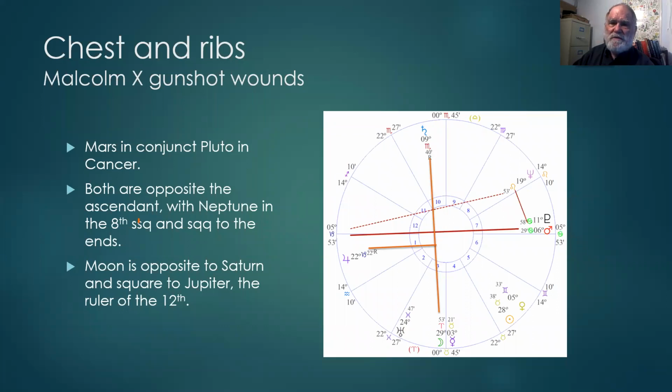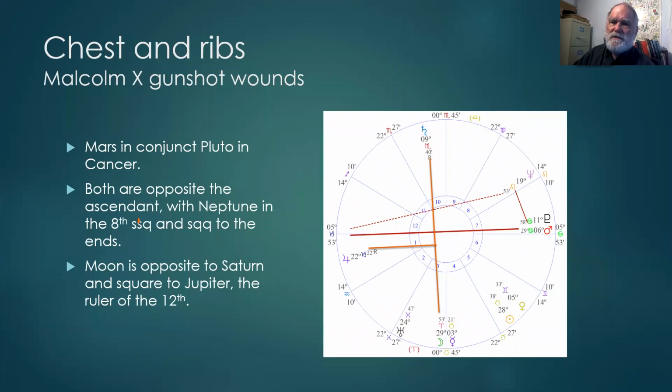It's conjunct Pluto, a good significator for murder, and these are opposite the ascendant. And so this would be the gunshot wound in the area. This is aggravated by Neptune at 45 and 135 degrees. Neptune would be the planet of assassination and sneakiness, but it doesn't have a particular health indicator here.